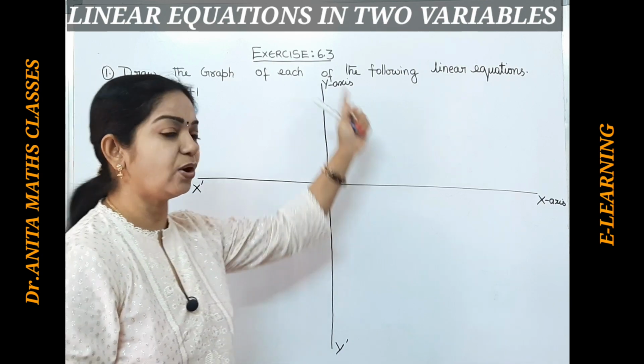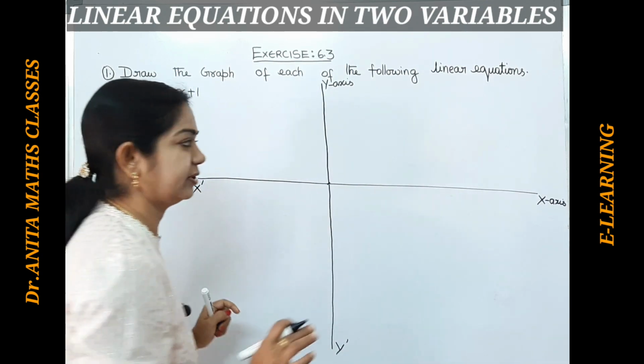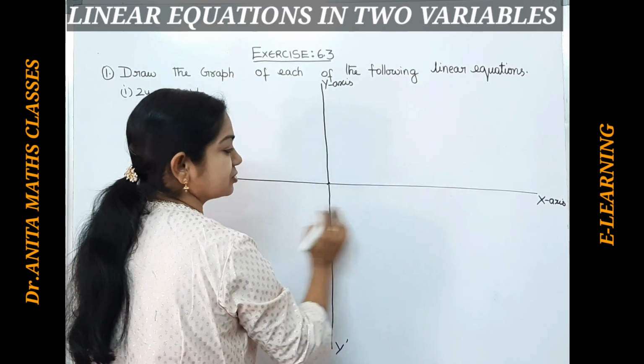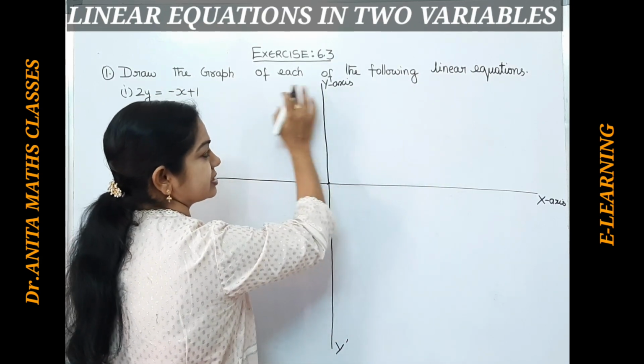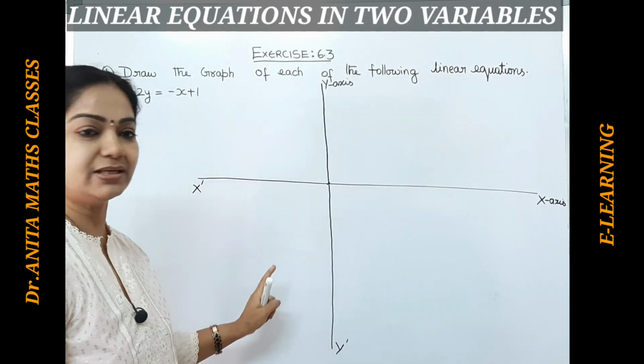The coordinate axes divide the Cartesian plane into 4 quadrants: the first quadrant, second quadrant, third quadrant and fourth quadrant.